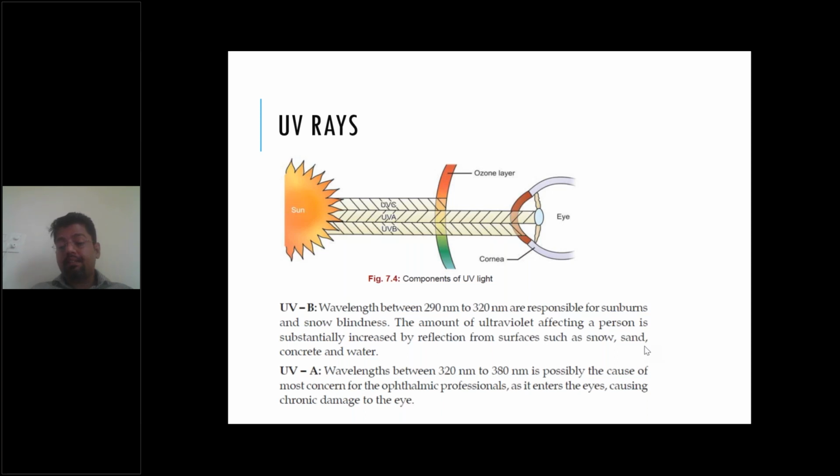There are many companies which do claim to block all types of UV light and UV rays. For example, Carl Zeiss. Any Zeiss lenses that you purchase have UV protection by default. That means you don't have to pay extra for it.